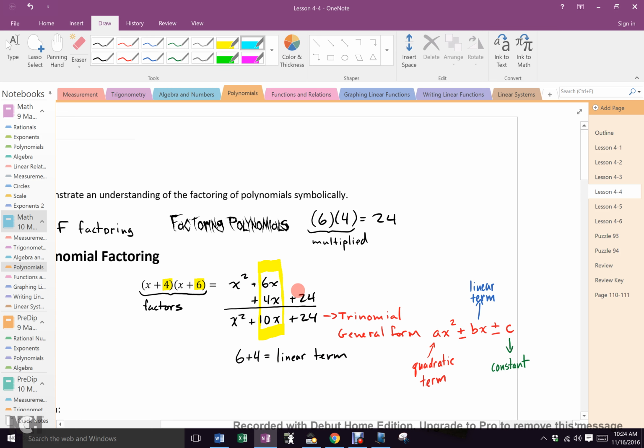And you should have noticed that 6 times 4 equaled the constant term. Now, we already know that little shortcut for expanding trinomials, yes?